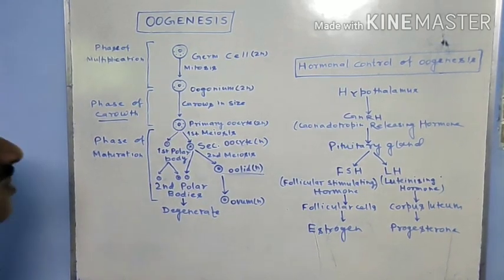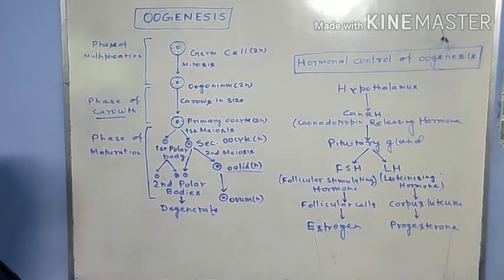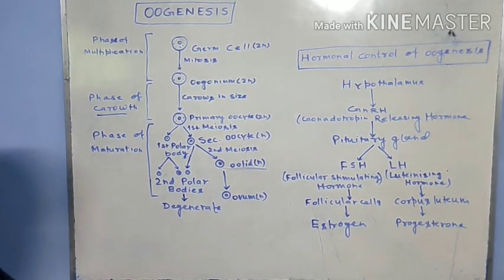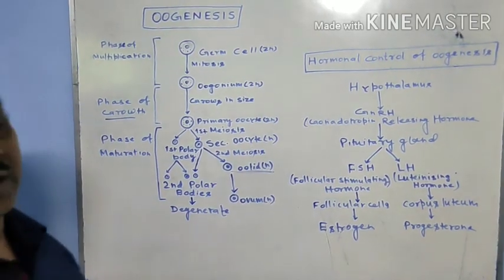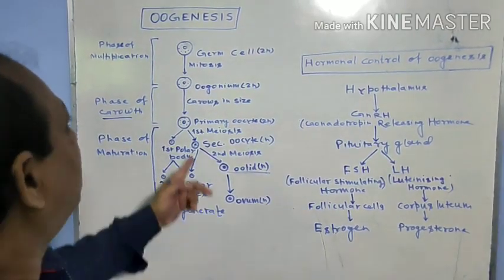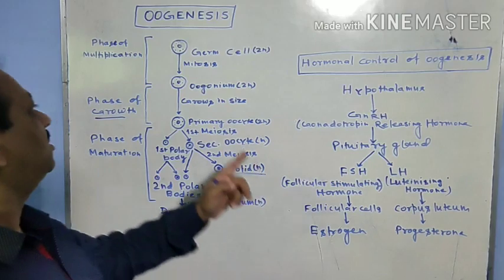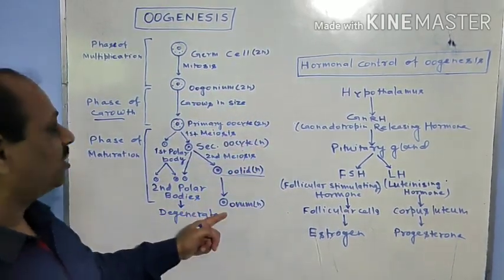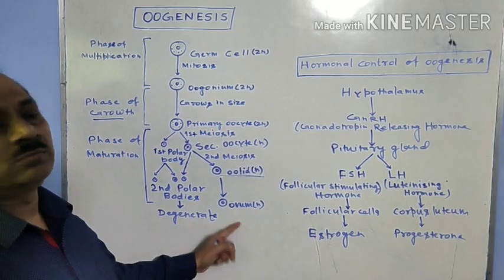There is a difference between spermatogenesis and oogenesis. In spermatogenesis, one spermatogonium produces 4 male gametes or spermatozoa or sperm. But in oogenesis, one oogonium forms only one ovum.